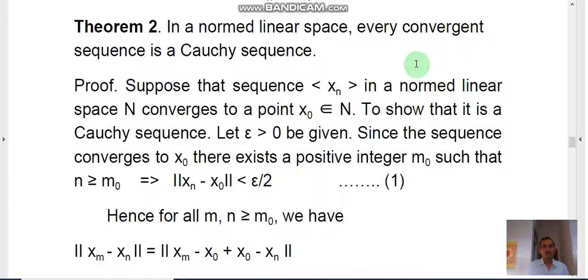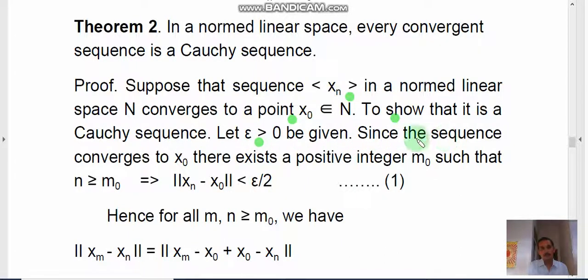The proof is simple. Suppose the sequence xn in a normed linear space N converges to a point x0 belonging to N. We are considering a convergent sequence, therefore the point x0 belongs to N. To show that it is a Cauchy sequence, let epsilon greater than 0 be given.